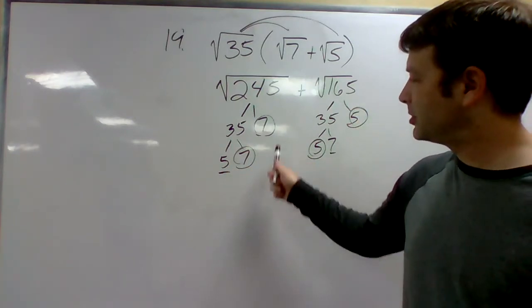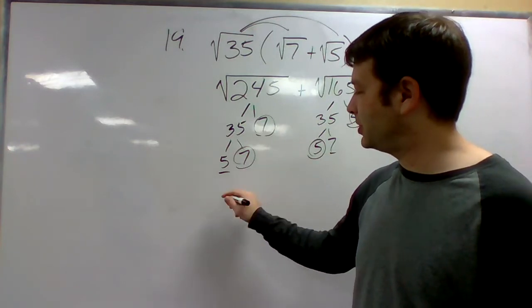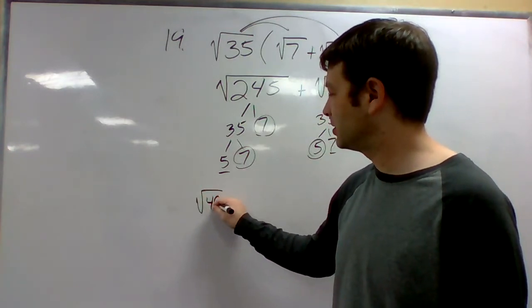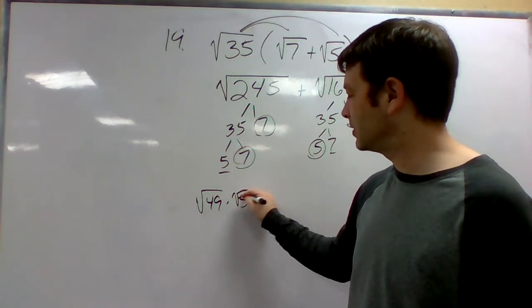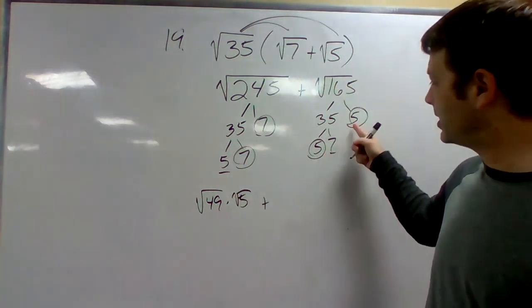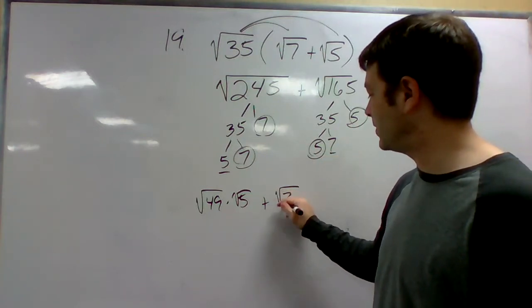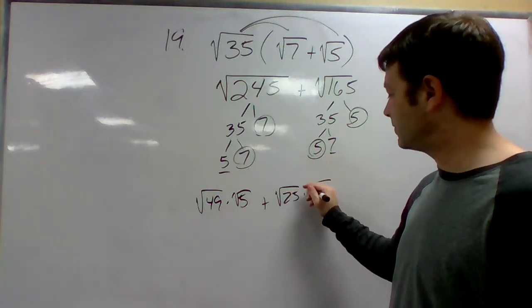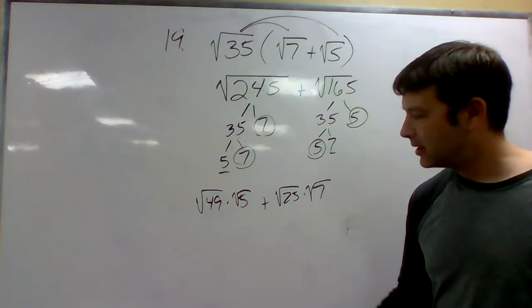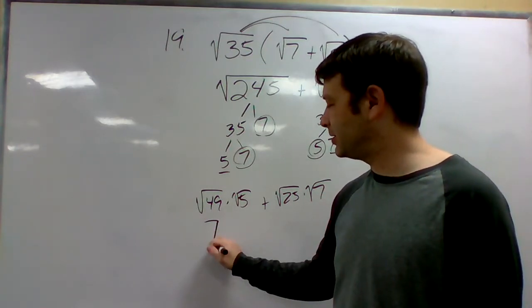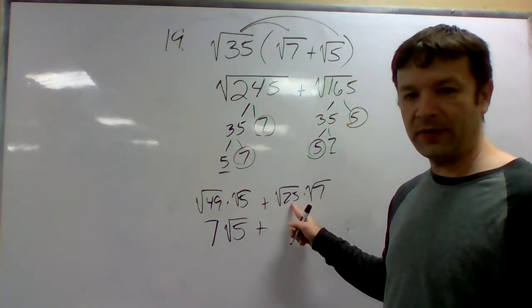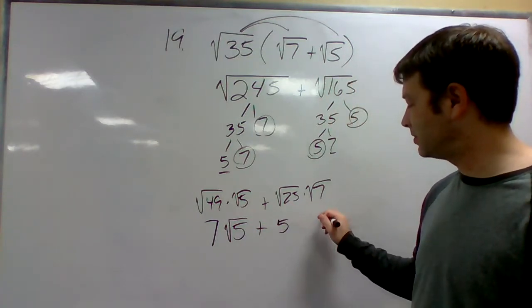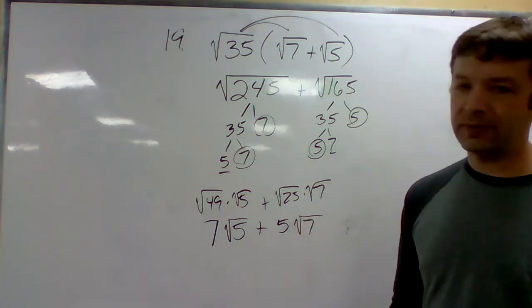All right, so on this first one, I got square root of 49 in the front, 7 times 7 in the front, doubles, and then the 5 is left over. And on the second one, I got 5 times 5 in the front, 25, and 7 is left over. Square root of 49 is 7, square root of 5, and then square root of 25 is 5, square root of 7.